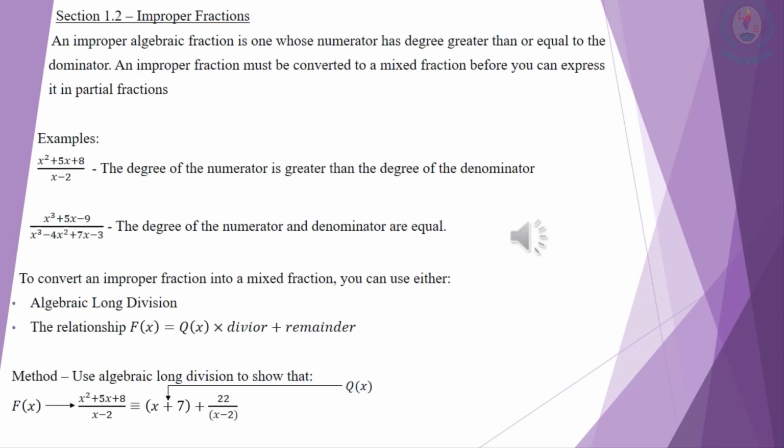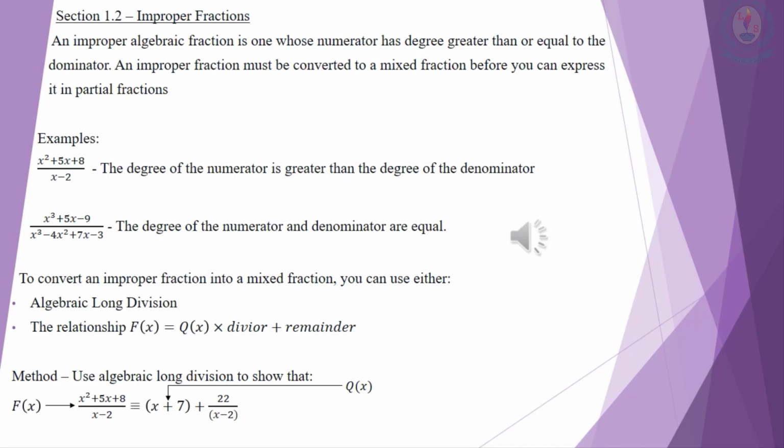Next, section 1.2, an important section for you: improper fractions. An improper fraction is one whose numerator has degree greater than or equal to the denominator.